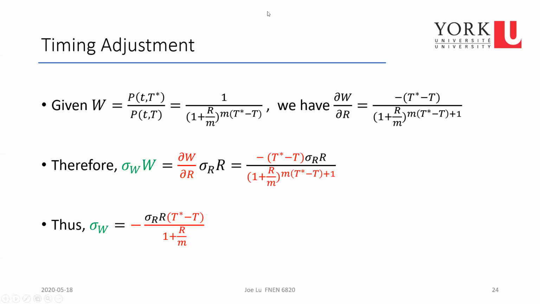So now we know, since we know the functional form here, this W is really this, which can be expressed here. Then we can explicitly derive the partial derivative, which will give us this.